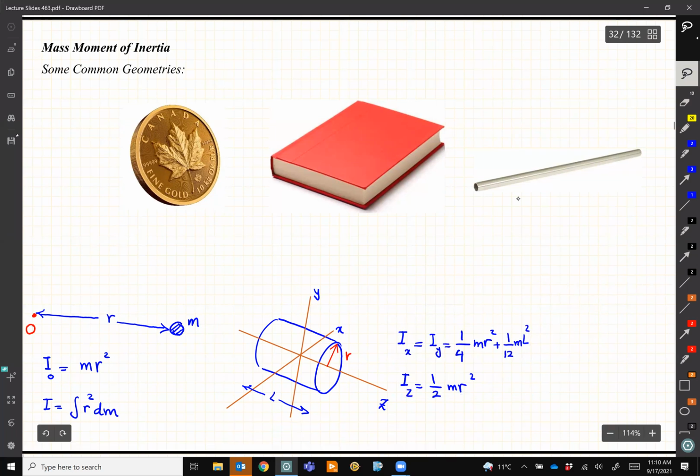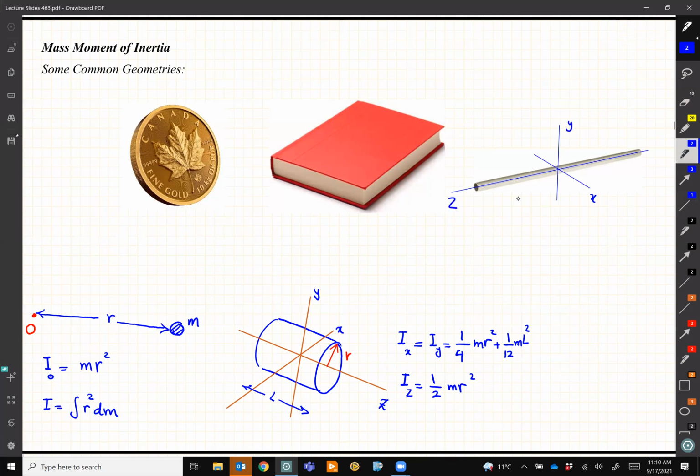Okay, so now when we get to, let's say, a slender bar, similar concept. Let's say I have the z-axis, the x and y-axis. So x, y, and z-axis, right? Since it's a slender bar, we assume R is very small compared with the rest of the size.